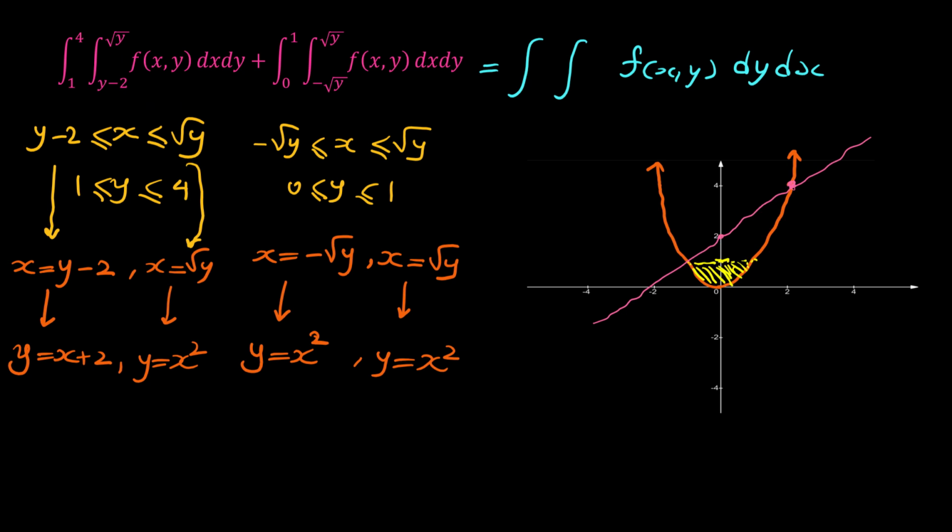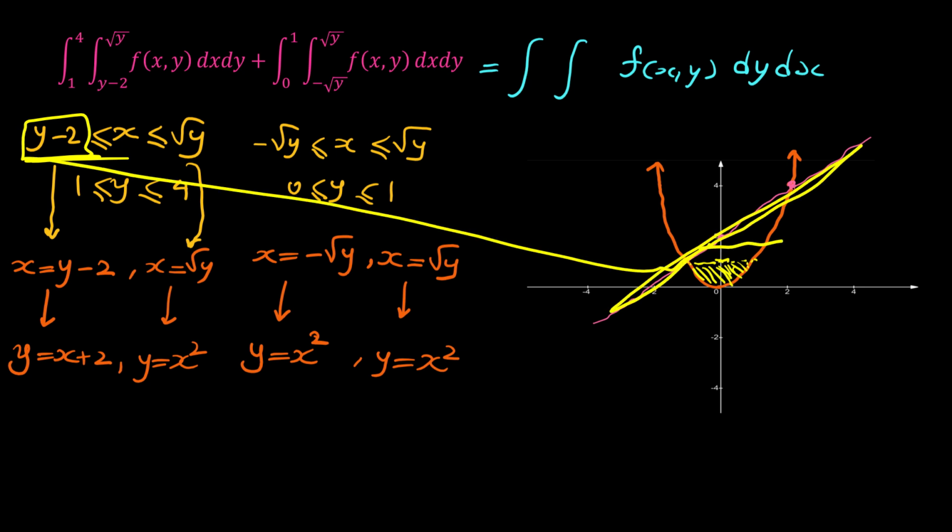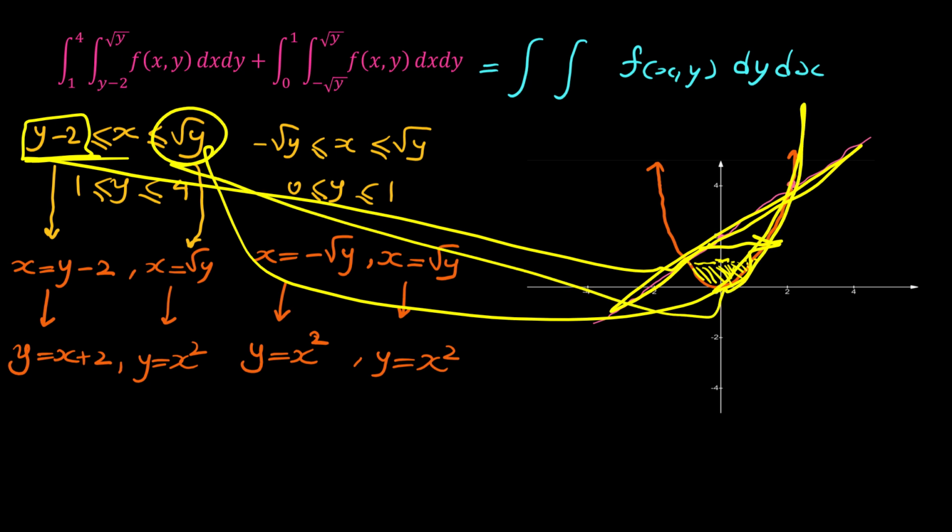Please attention. X starts from y minus 2. So x starts from this and it continues to the right up to radical y. Radical y is this parabola. So x is between this line and this line from 1 to 4.